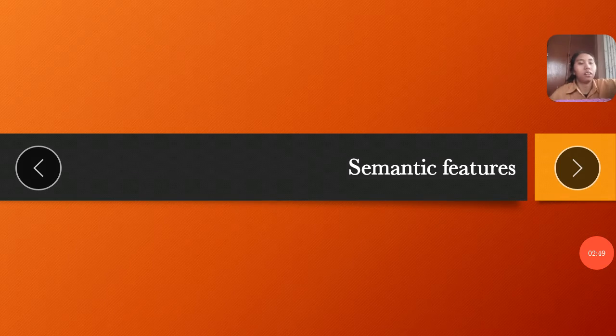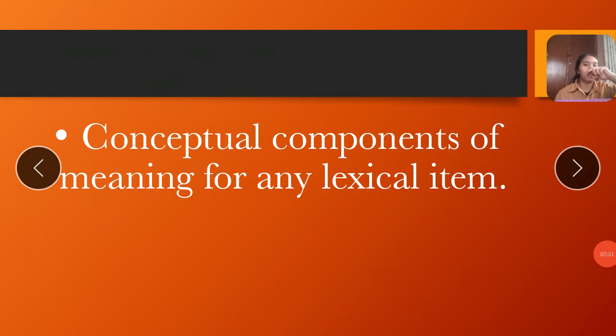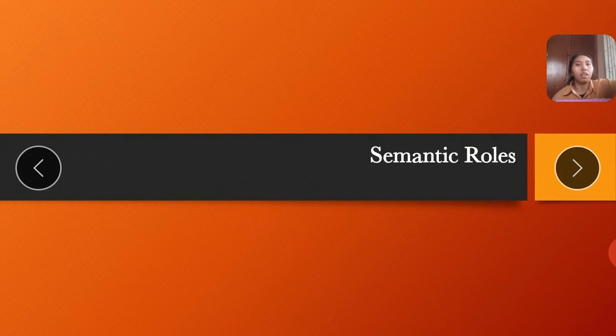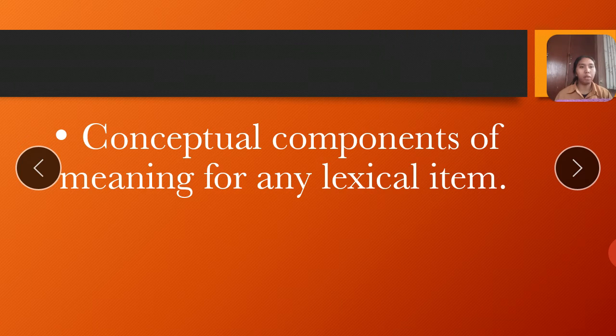I will explain. Conceptual components of meaning for any lexical item, this is the semantic features. I will explain more with an example.